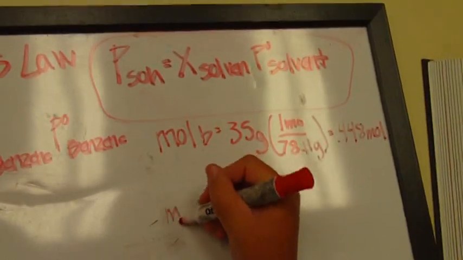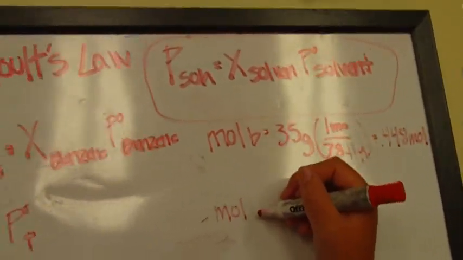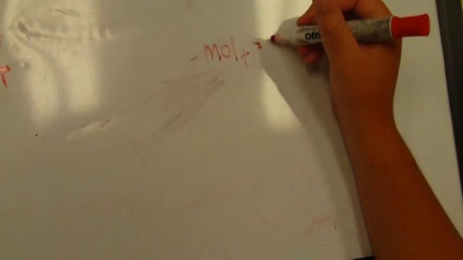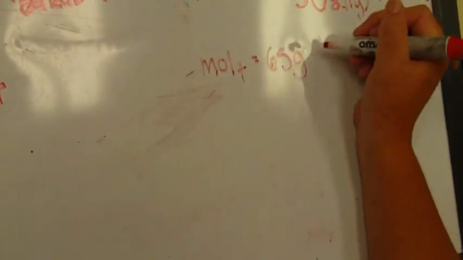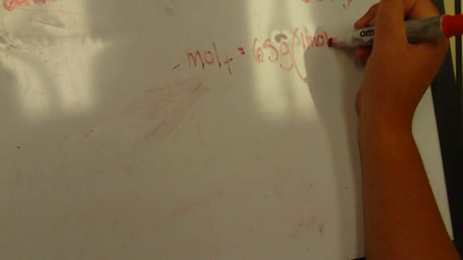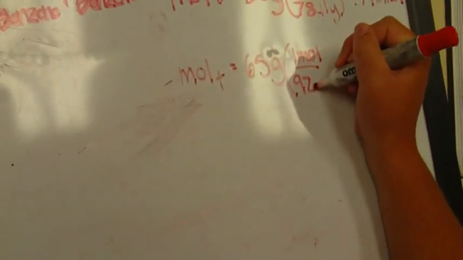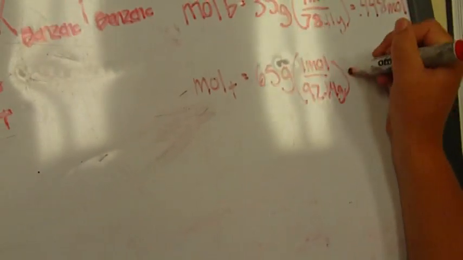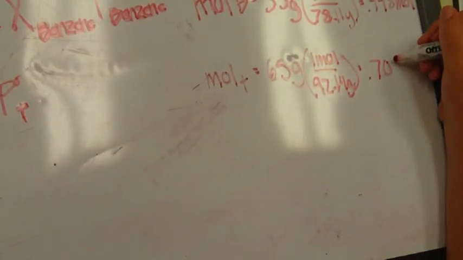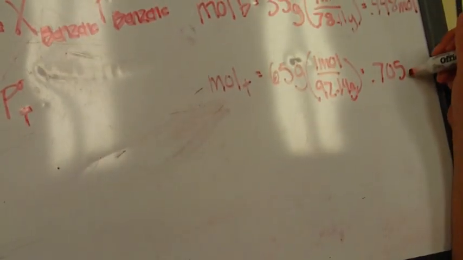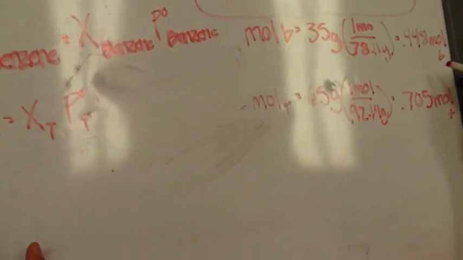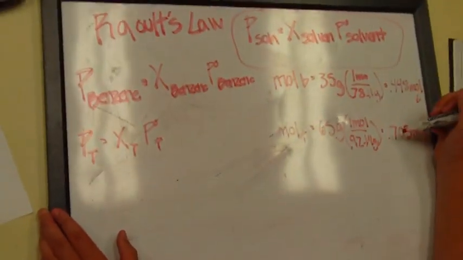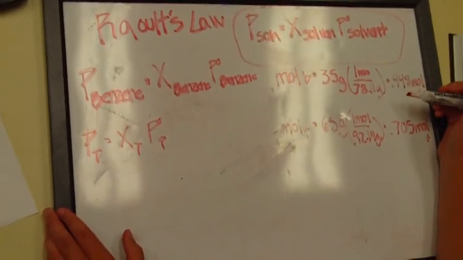And then for the moles of toluene, they tell us that we're given 65 grams. We know that in 1 mole there is 92.14 grams of toluene. Multiplication tells us that there's 0.705 moles of toluene.